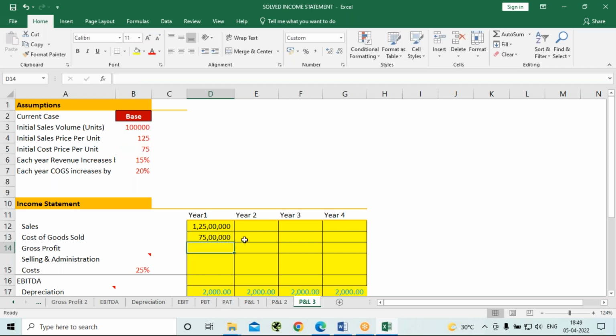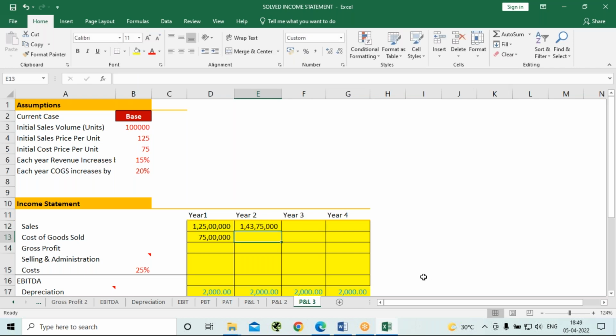Now, from the second year onwards, there is an increase in revenue of 15%. So we do previous year into, open the bracket, 1 plus 15%.